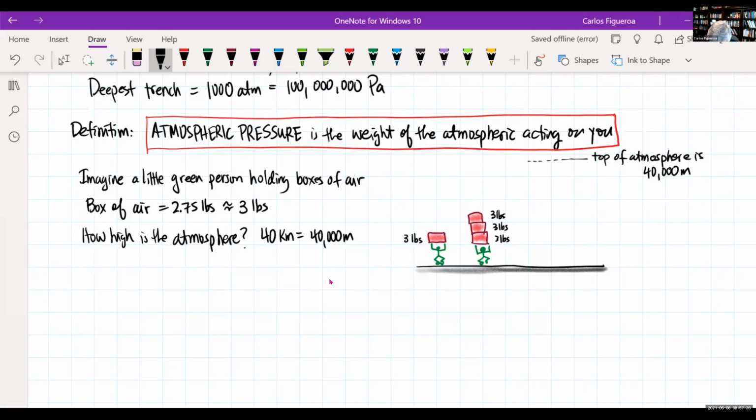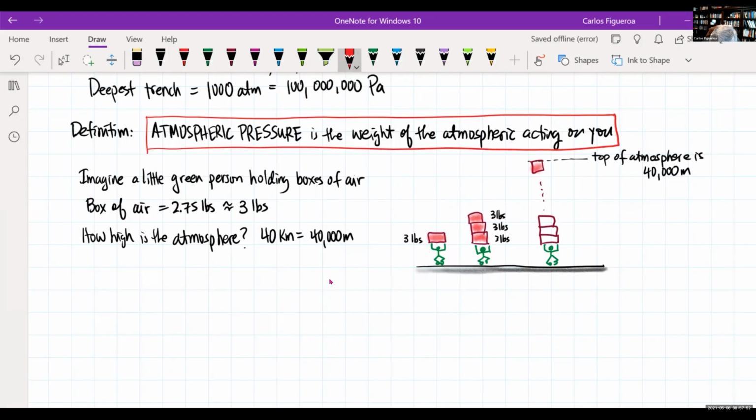So you could imagine here, now, if you want to understand the weight of the atmosphere, we have to come in and we have to do what? This person would have to hold boxes that go all the way to the top of the atmosphere.